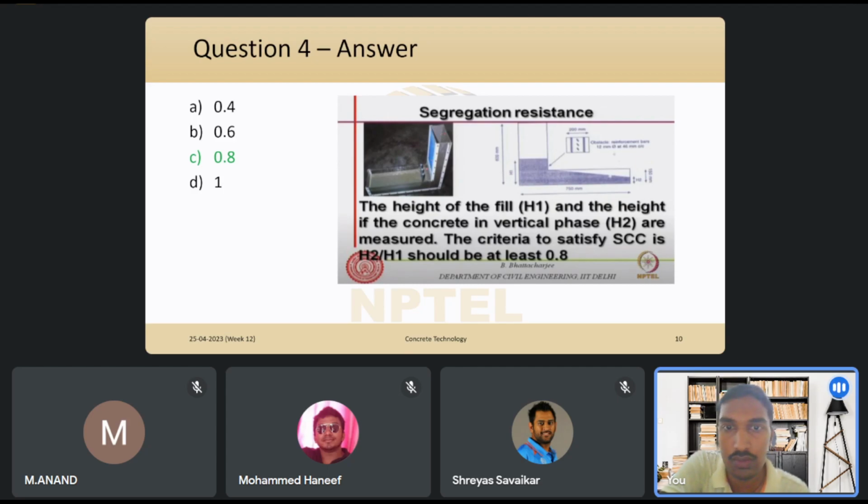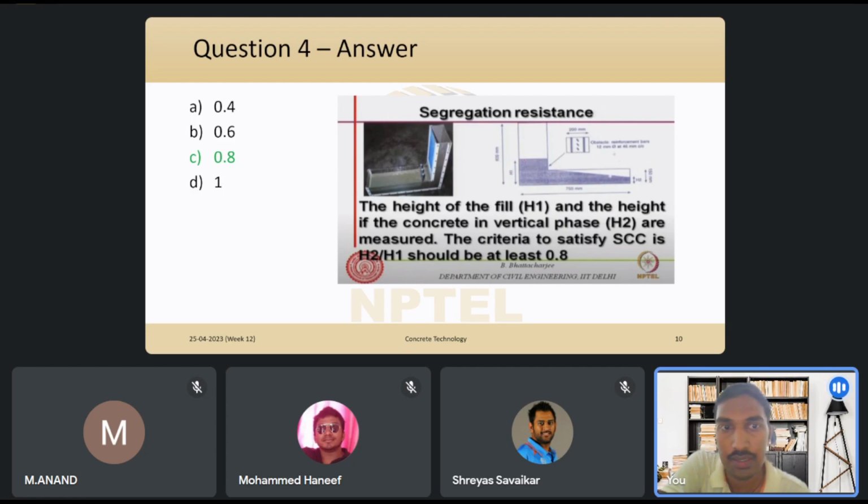There will be a gate here, as we saw in the previous test, and some obstacles, some reinforcements here. After filling this vertical part, we wait for a minute or so, and then we remove the gate. Whatever is in this vertical face will start filling up the horizontal part of your apparatus.